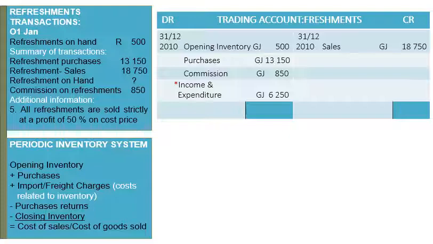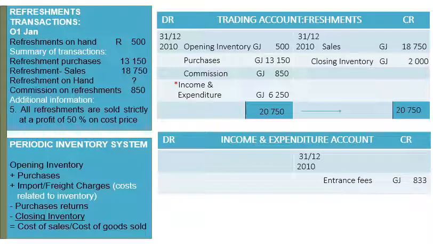The account will then be balanced off to determine the balancing figure, and the balancing figure will represent the closing inventory. Now that we've calculated the gross profit in the trading account, it must now be shown in the income and expenditure as an income item.